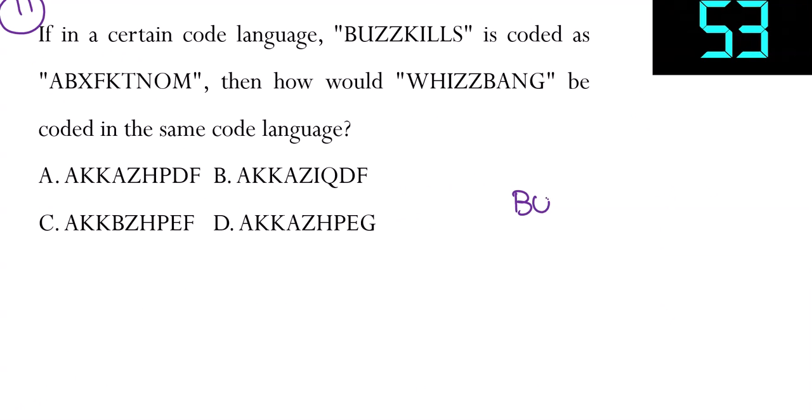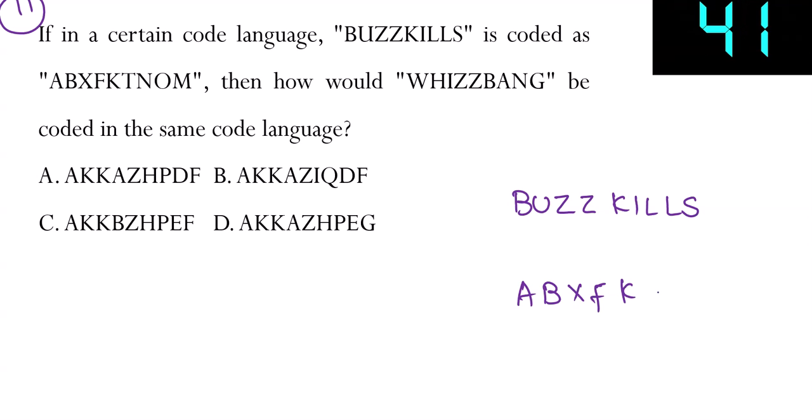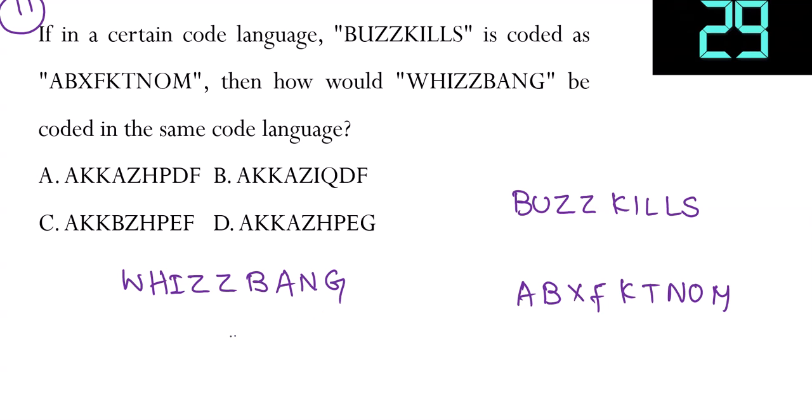You have to just check it out. Budge kills is given as AB, XF, KT, NO, M. Next, which bank? See, coding and decoding, they are asking this, and number related also. They convert into number, that type also they are asking.